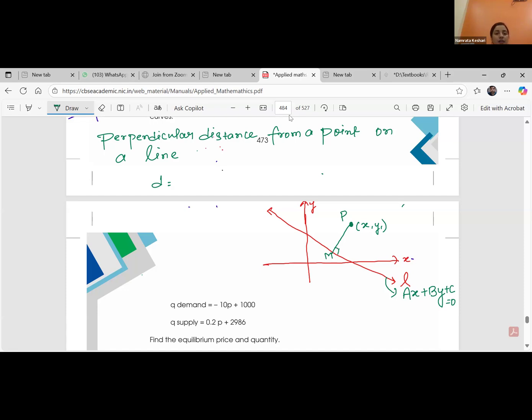In modulus, we are having AX1 plus BY1 plus C, over under root A square plus B square. Sorry, just C, as it is a two variable equation we are talking about here.